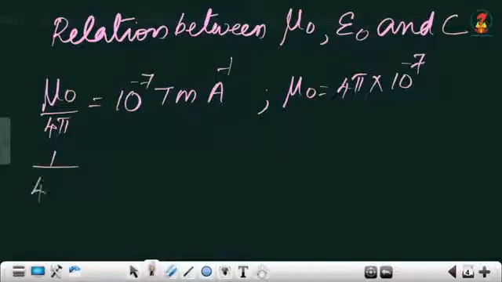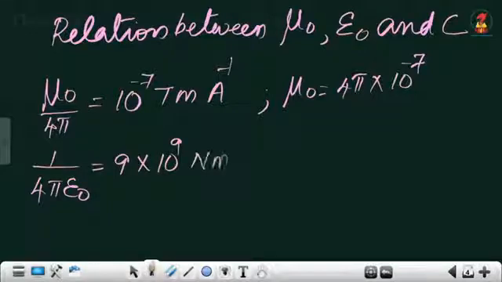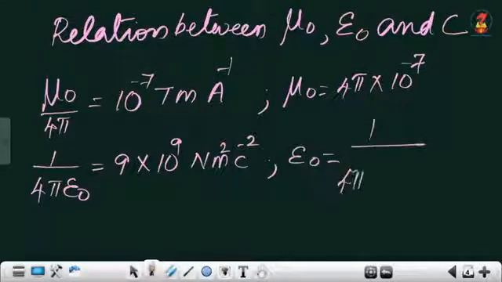And 1 by 4 pi epsilon 0 is equal to 9 into 10 raised to 9 Newton meter square coulomb raised to minus 2, or epsilon 0 is equal to 1 divided by 4 pi into 9 into 10 raised to 9. Next we are going to multiply mu 0 with epsilon 0.